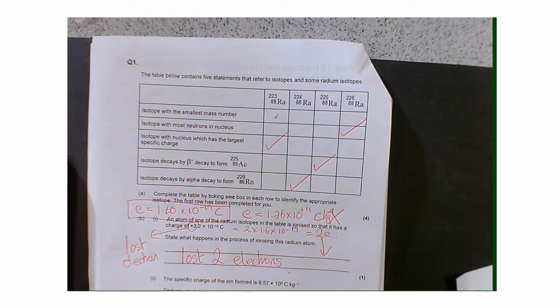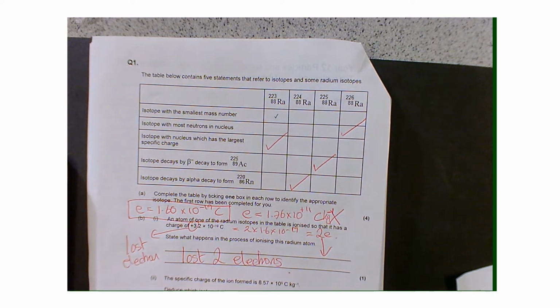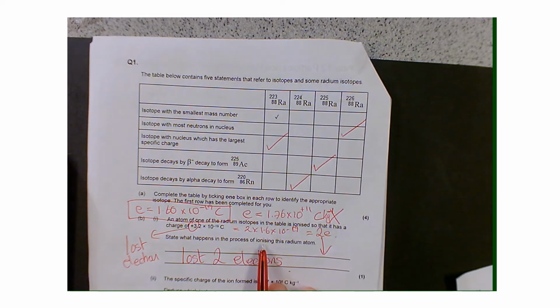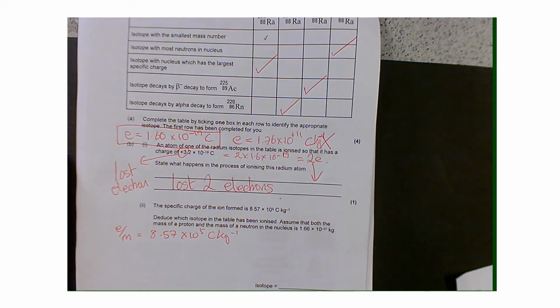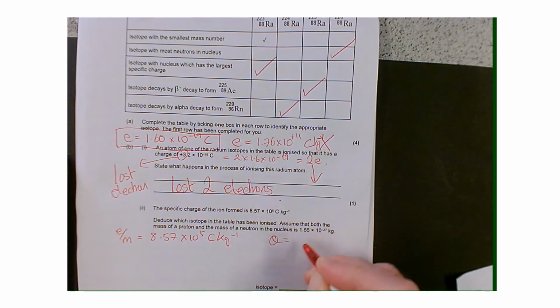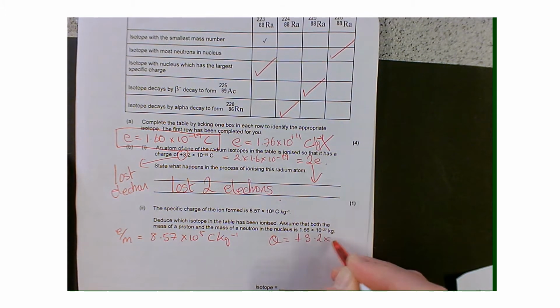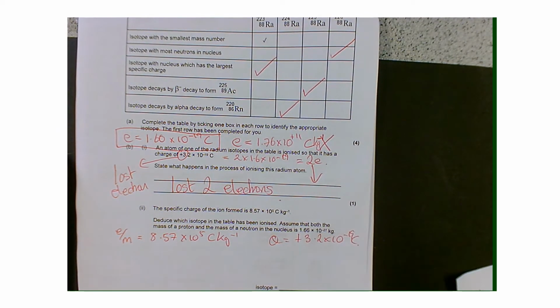You start by writing out what we know. The specific charge, so the e over m ratio, is 8.57 by 10 to the 5 coulombs per kilogram. We know the charge because we were told in the previous question that it was plus 3.2 by 10 to the minus 19 coulombs.